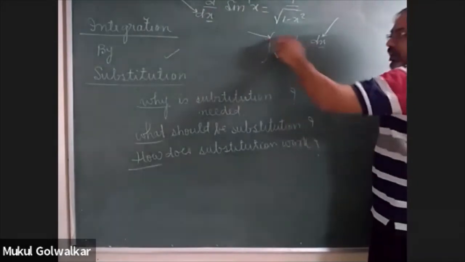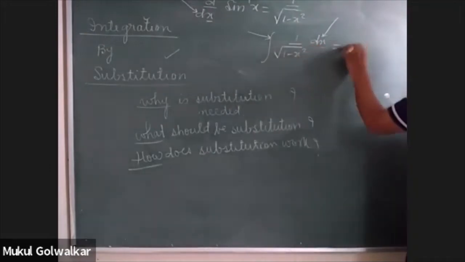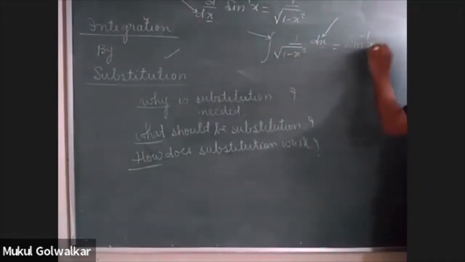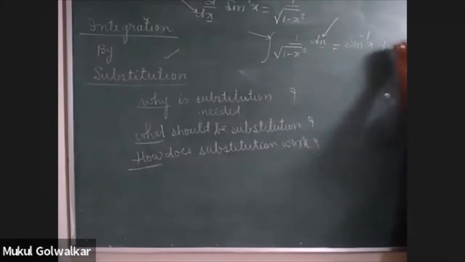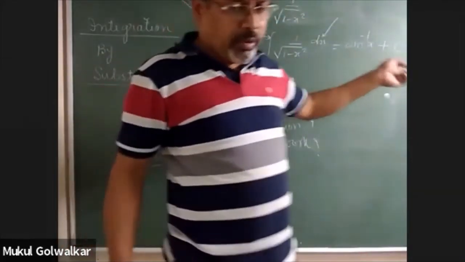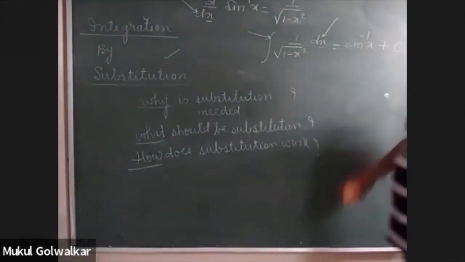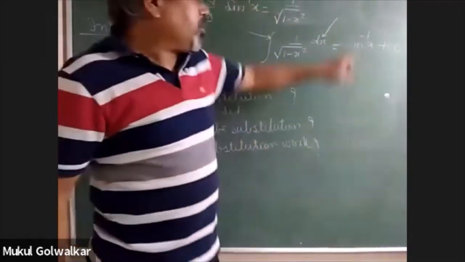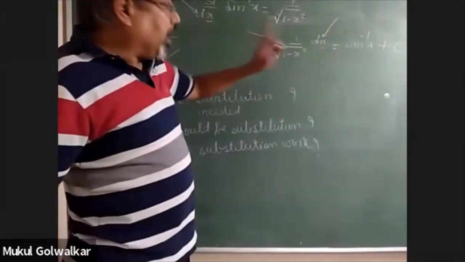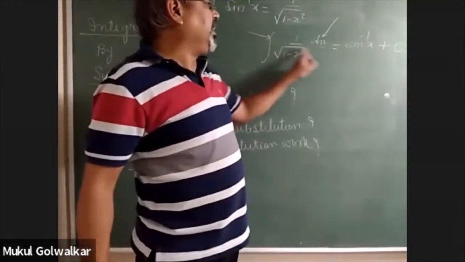When we integrate it with respect to x, we get sine inverse x, and it is customary to add the constant of integration. In my last class, I already showed you how and why we add the constant of integration. We discussed that thing, so now we shall always add the constant of integration after integrating any function.